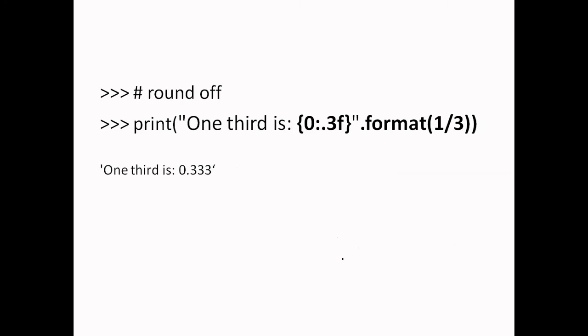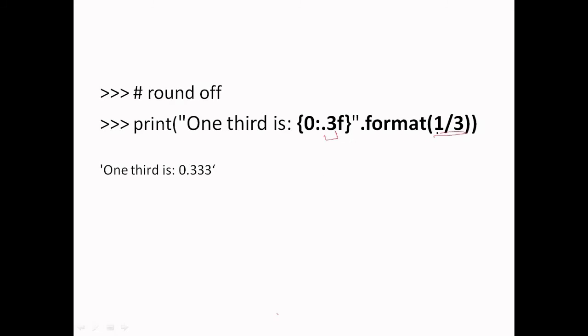We can also round off the value by providing a colon symbol and just writing the width of the decimal part. Here I have written the decimal part width as 3.